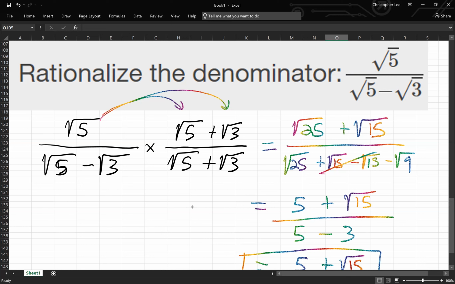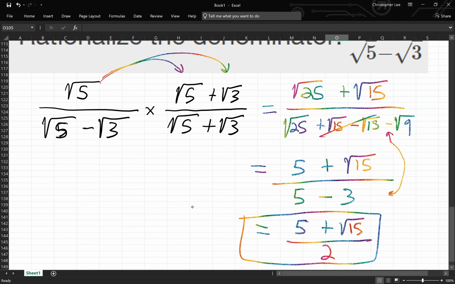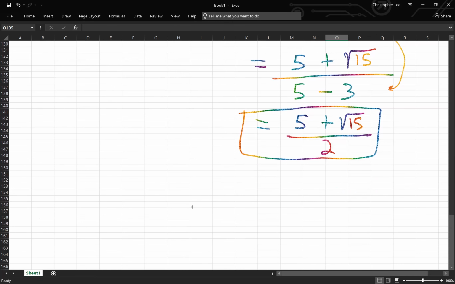But the 9 is negative, see? So that's how I get the minus here. Why does the 15 stay like that? There's nothing I can do to that. We can do 3 times 5. Oh yeah, that's how I get square root of 15. 3 times 5. And then that's it.